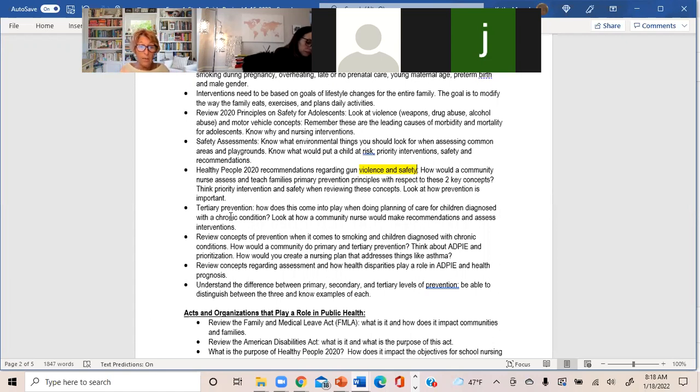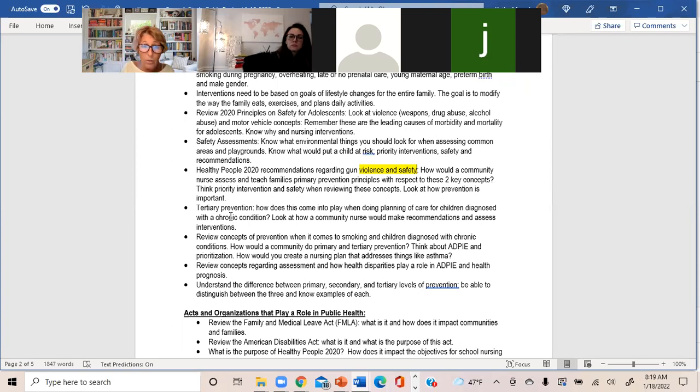For example, let's say we have a very complicated kid with lots of medical appointments. We need to ensure this parent has the resources to get the kid to all these appointments or in-home therapy. This came up last term: what if a parent tells you, don't worry, I rescheduled that, because they don't have transportation?